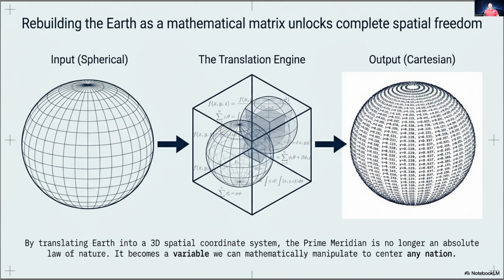That is a mathematical theory. By translating Earth into a 3D spatial coordinate system, the prime meridian is no longer an absolute law of nature; it becomes a variable. We can mathematically manipulate the center to any nation.